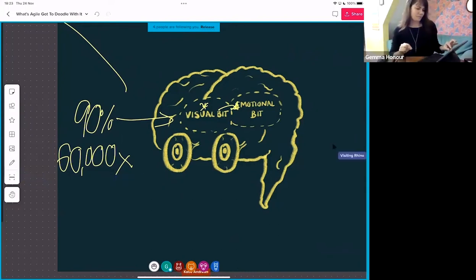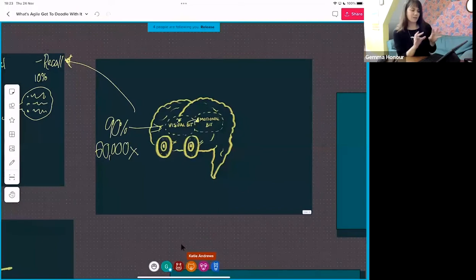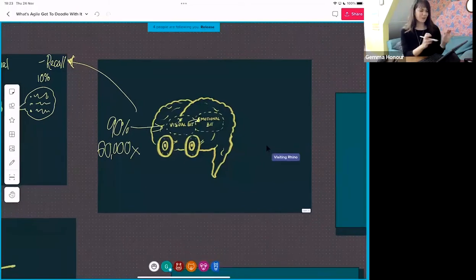Okay, brilliant. So we're not only able to recall stuff faster, but also when we have that visual, because it's more meaningful, it helps us to focus.